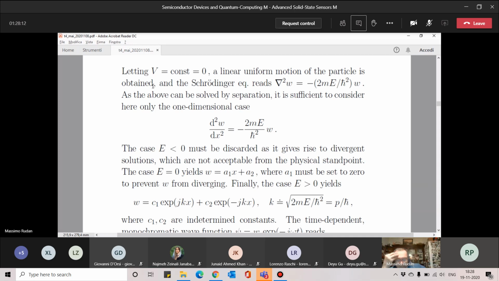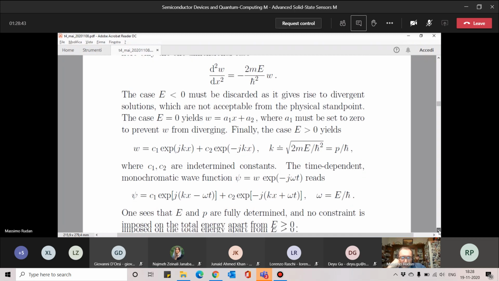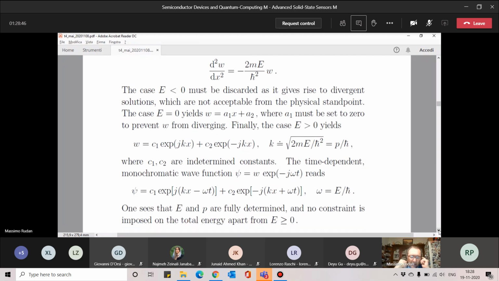Instead, the other possibility is that E is larger than 0, so we have that the second derivative is equal to minus a positive quantity, that is 2mE over h bar squared, times the unknown function W itself. And you remember very well that the solution to this equation is a combination of exponentials with imaginary exponents.